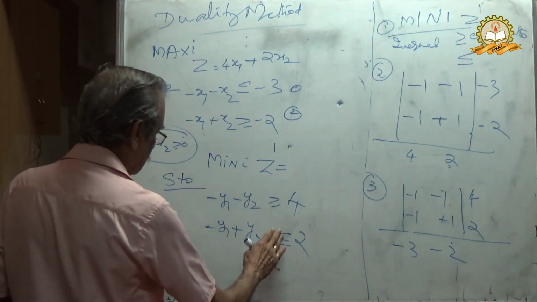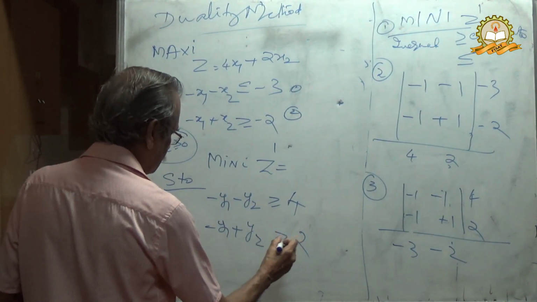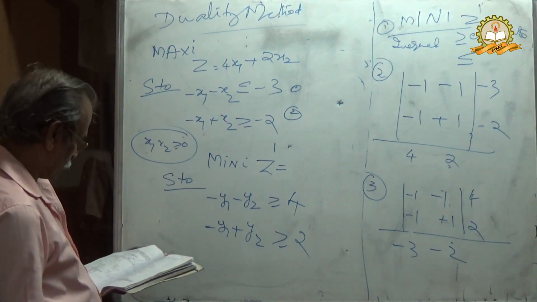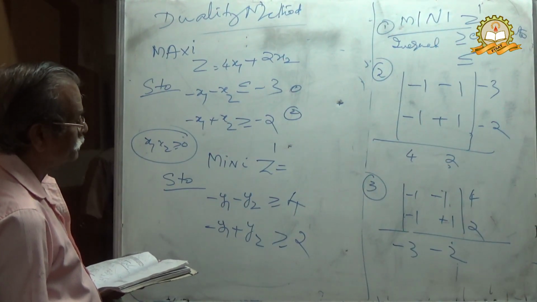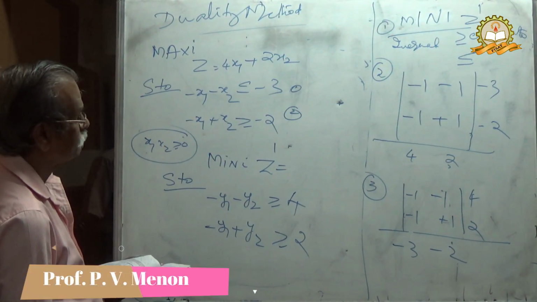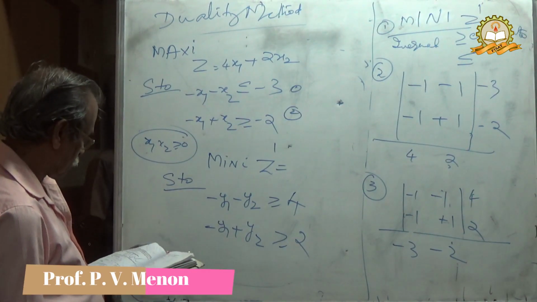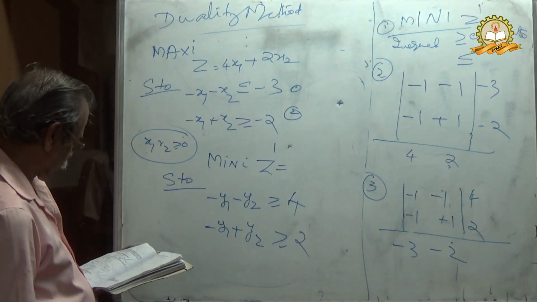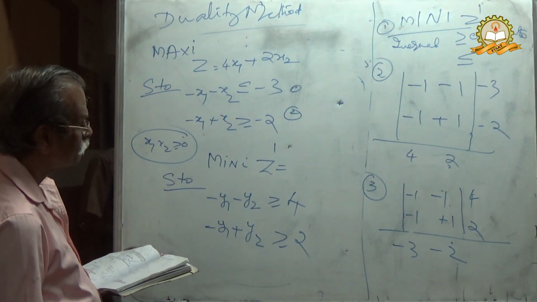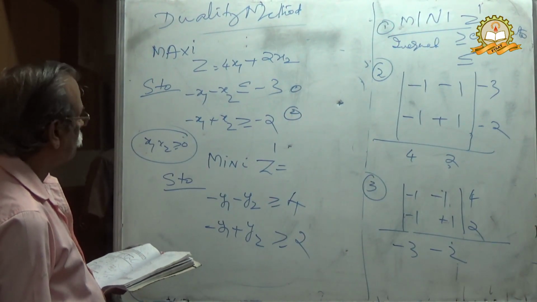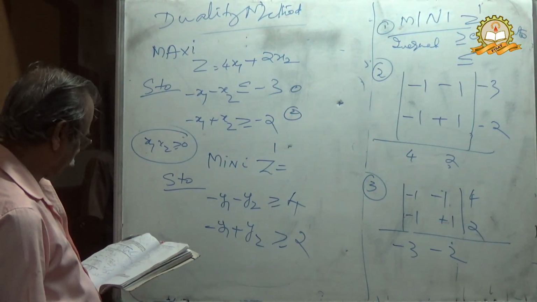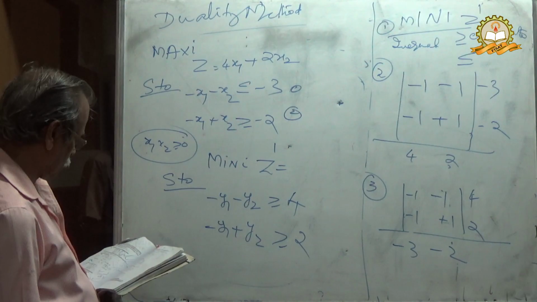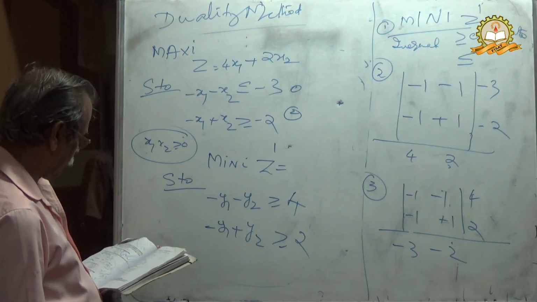Sorry, here you have greater than or equal to. Okay, there is a small change, gentlemen. First one was negative 1, negative x2 less than or equal to negative 3.